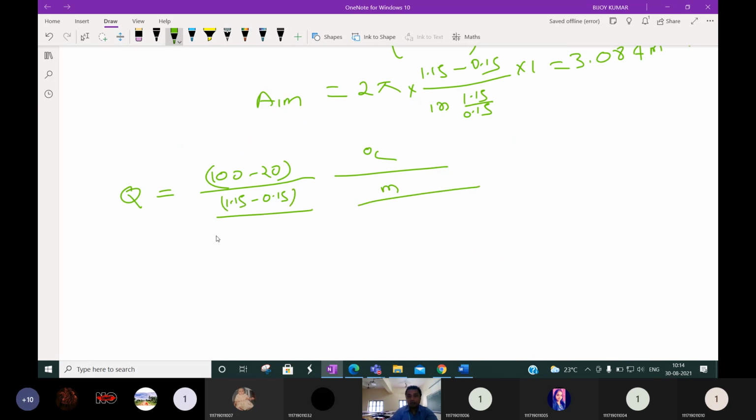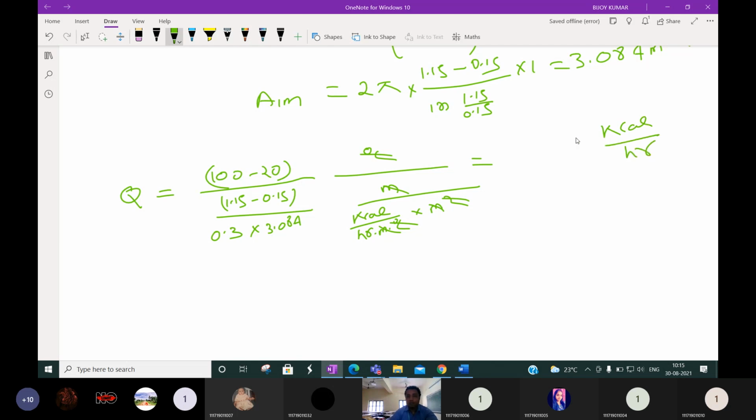Then the K value is 0.3, its unit is kilocalorie per hour meter degree centigrade. Then the A value is 3.084, its unit is meter square. So meter cancels, meter cancels, degree Celsius cancels, and the answer will be in the unit of kilocalorie per hour.